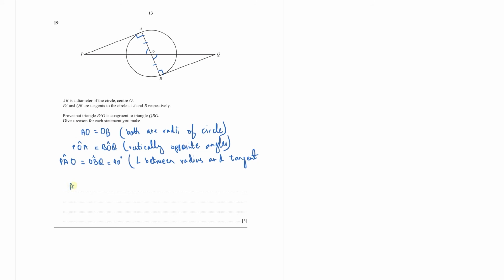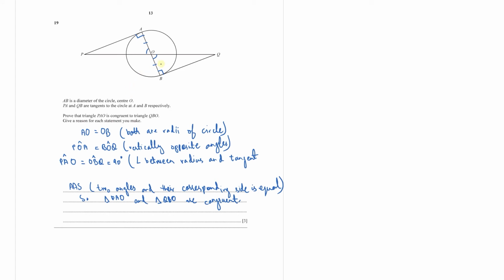So AAS, two angles and their corresponding side are equal. So triangle PAO and triangle QBO are congruent.